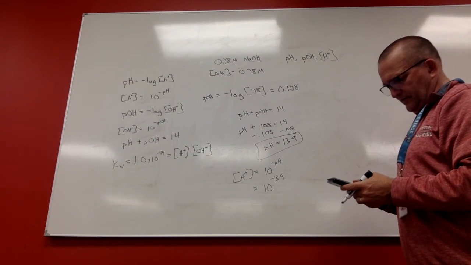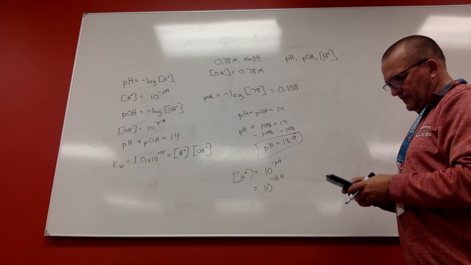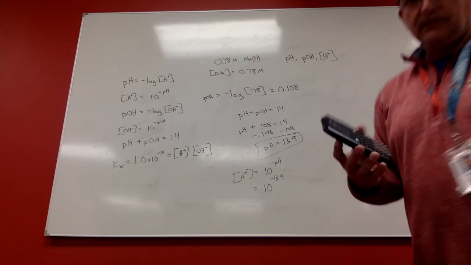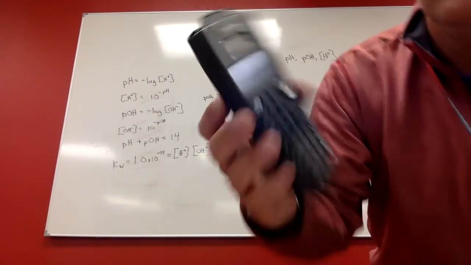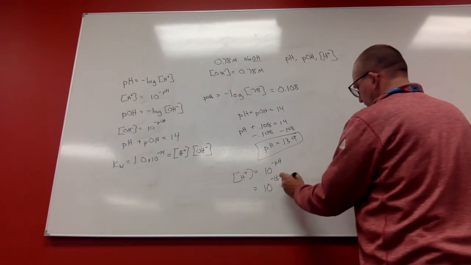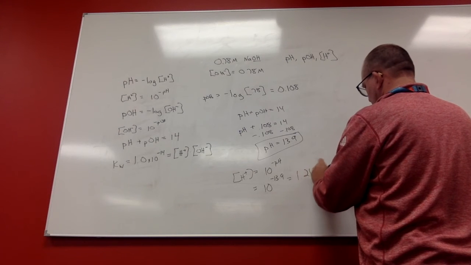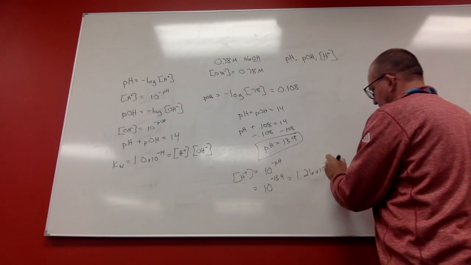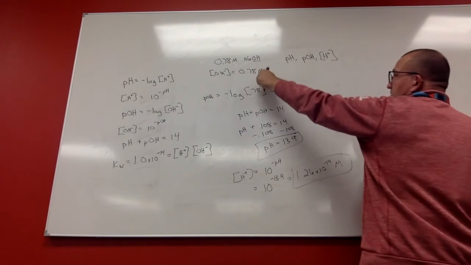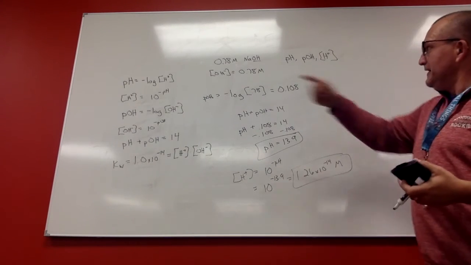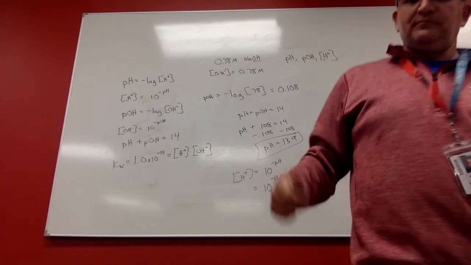So we find the 10 button, negative 13.9, hit equal. And that's what that looks like on the calculator. And then I get an answer of 1.26 times 10 to the negative 14. And that's molarity. So there's the concentration of hydrogen, there's the concentration of hydroxide. If I were to multiply those two numbers together, I should get Kw.